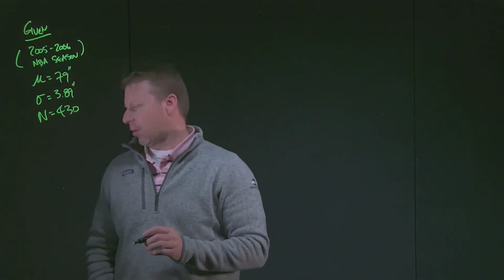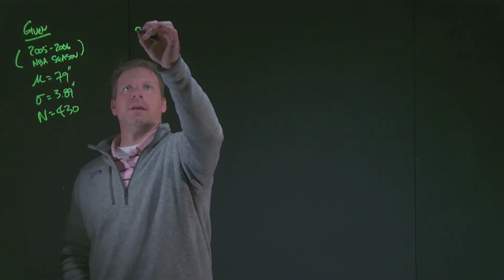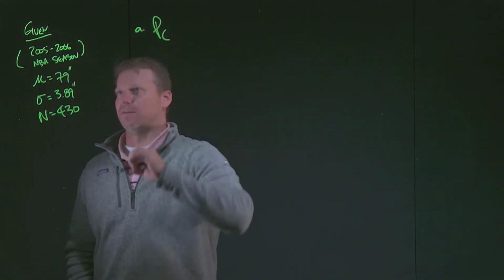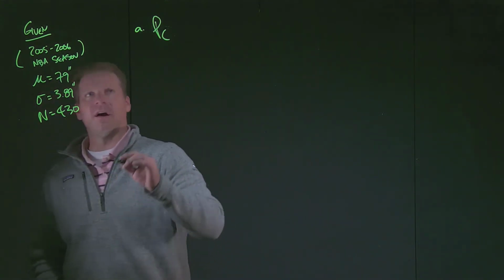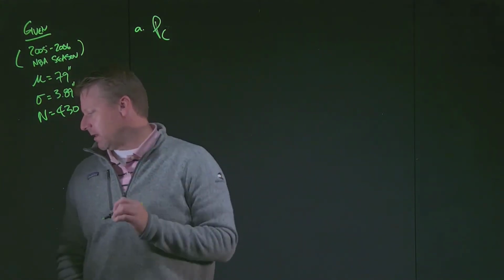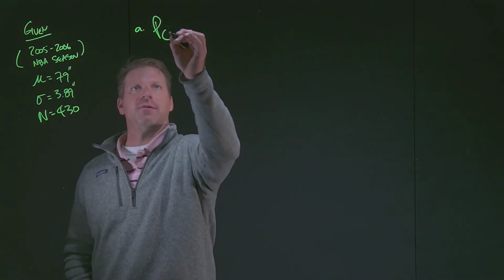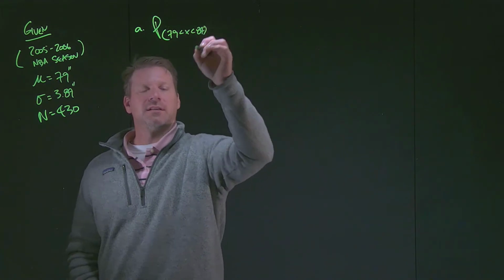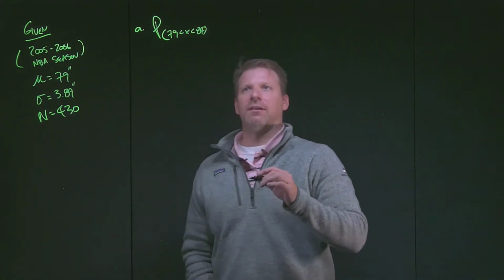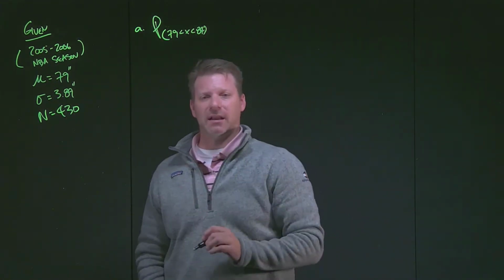But now if I ask the question, we'll call this part A, what is the probability of selecting an NBA player and having their height be between, we'll say, 79 and 84 inches? So what is the probability of a player selected at random having their height be between 79 and 84 inches?